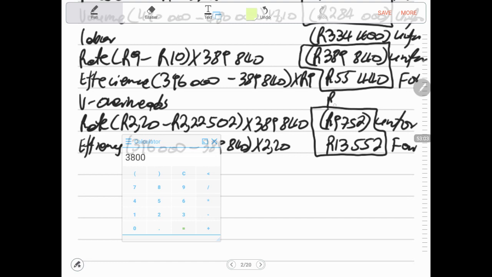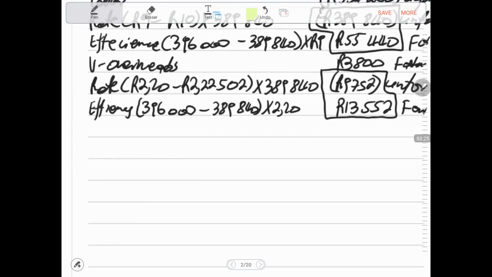Then this will give us a total of 3,800. So now that will be the net of 13,552 and 9,752. 3,800 is the correct amount, and this is favorable.